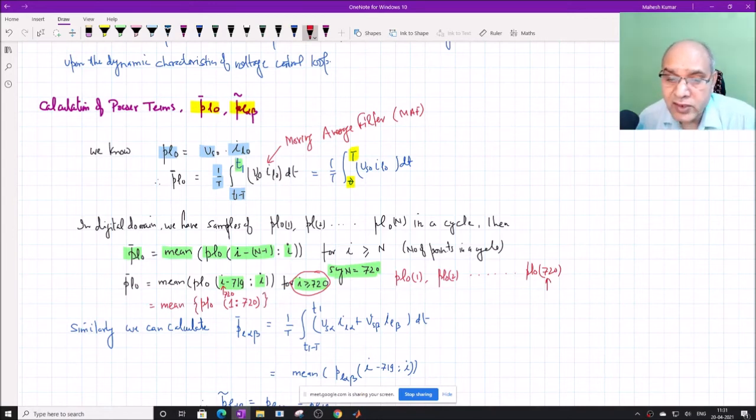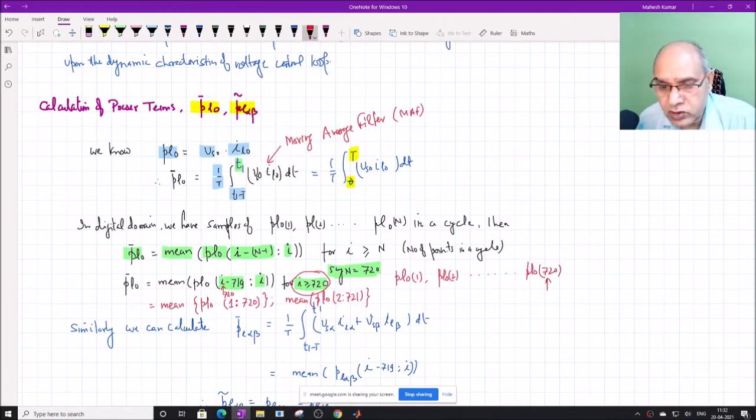Alright. Now when i is equal to 721, it becomes 2 to 721. So in case i becomes 721, it becomes the mean of PL0 from 2 to 721. So this way it keeps on moving. The newest data is considered and the oldest data is removed.